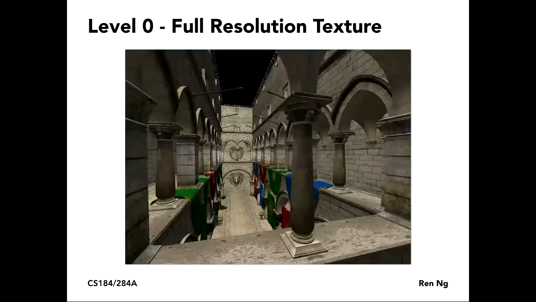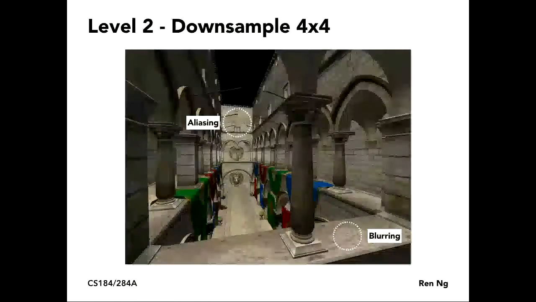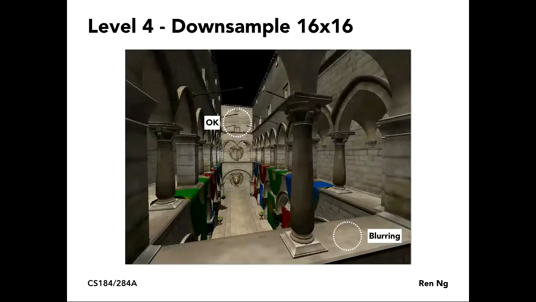I showed this example last time, so if we have a low level 0 here, we'll be using a full resolution texture image. And I pointed out that if you look at the back you have aliasing on the brickwork, and in the foreground it's okay, meaning that it's not aliased and about the right resolution. If you just look at the aliasing portion, as I increase the amount of downsampling, so here 4x4, it's less aliasing but still some, and then 16x16 downsampling will get us to about the right level of filtering in the background.